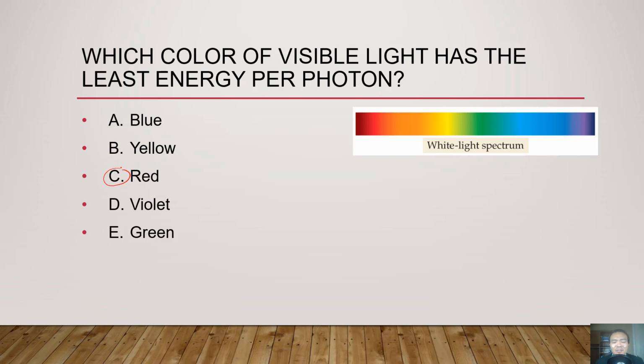Let's summarize what we have learned so far. First, light is a type of electromagnetic radiation, and we have 7 different types of EM waves. You need to know the relative frequency, wavelength, and energy, not only for the 7 different types of electromagnetic radiation, but also for the 7 different colors of visible light. And there are 2 equations you also need to remember.